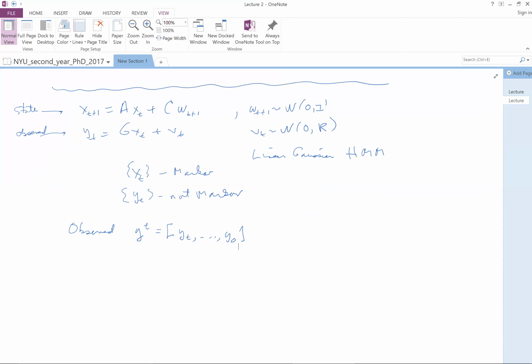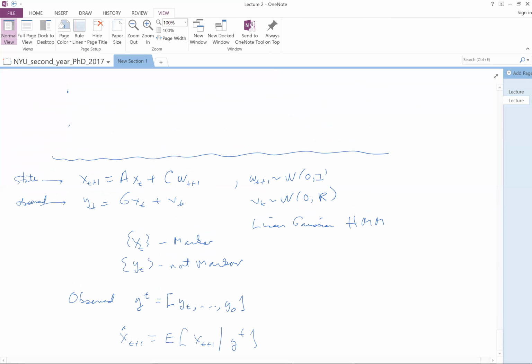That's what's observed at time t. And what we want is to compute x hat t plus 1, which is the conditional expectation of xt plus 1 conditioned on yt.